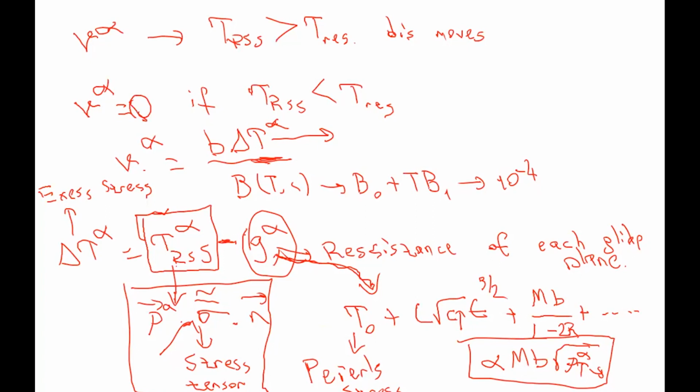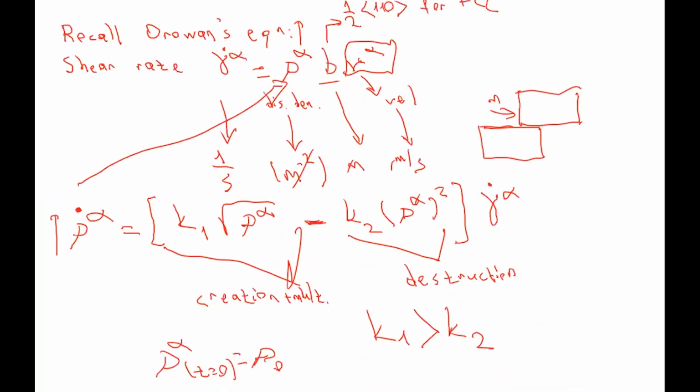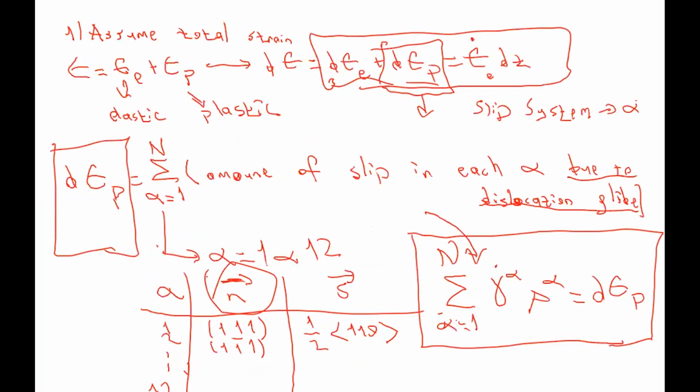If the velocity is 0, then we don't have any shear rate, right? If we don't have any shear rate, we don't have any plastic strain, then the strain is only the elastic strain, correct? Then we have just a linear relationship. Does that make sense?